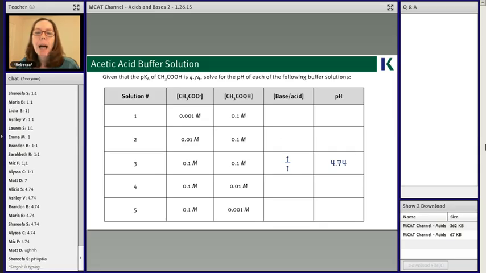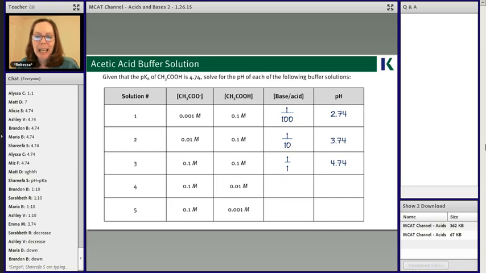Okay, how about row 2? What's our actual ratio there? 1 to 10. And if it's 1 over 10, does our pH go up or down? Very good. It's going to go down. Excellent, Emma. And in fact, if we go to 1 over 100, it goes down even further, yes?